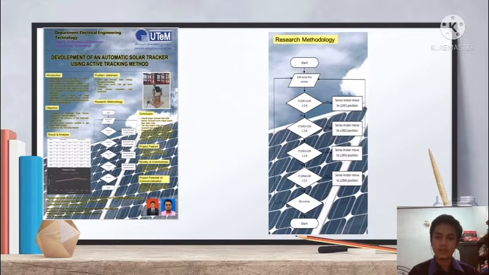The same goes for the other LDRs. And if there is no sun ray or in dark situation, the program will loop until there is sun ray or a higher sun ray sensed by the LDR.